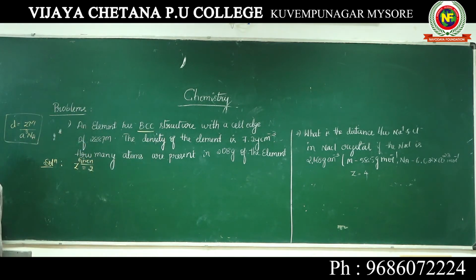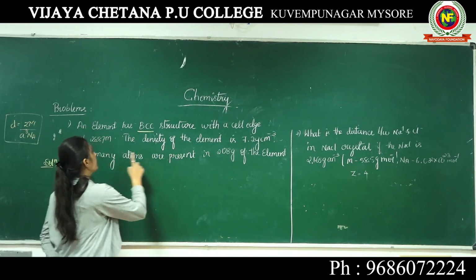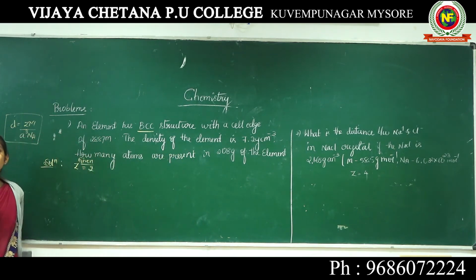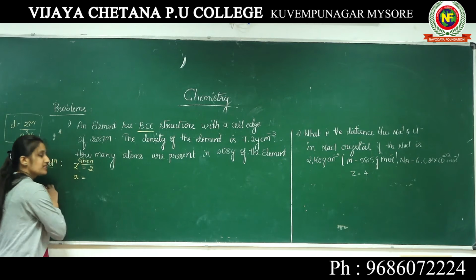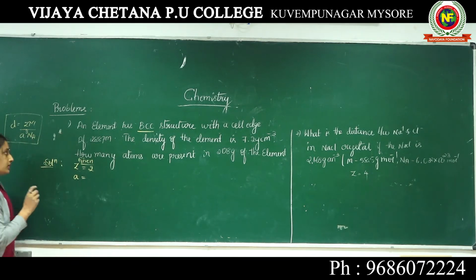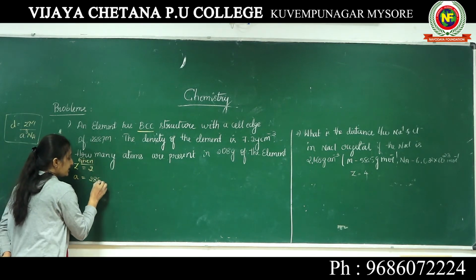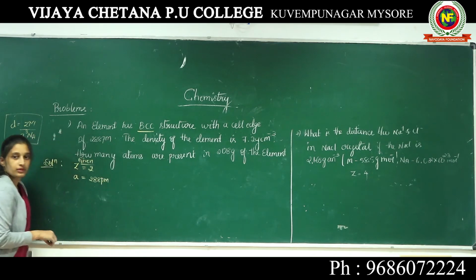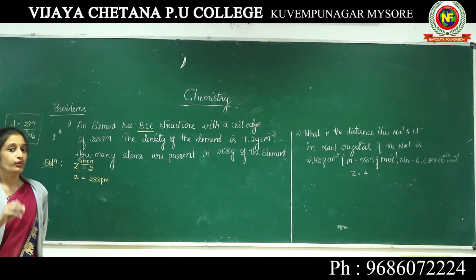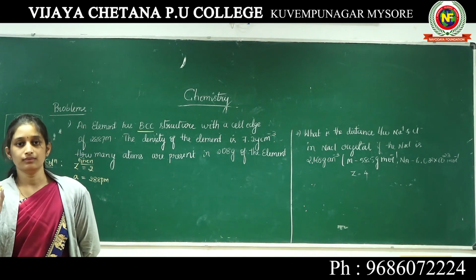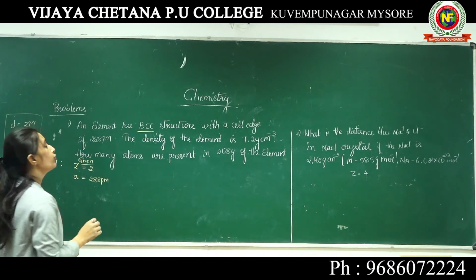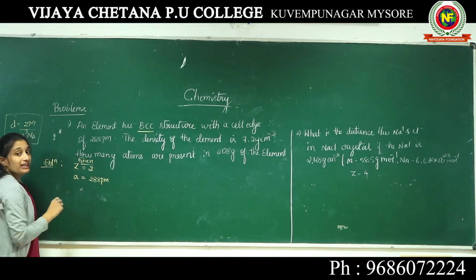That is one hint. With a cell edge, cell edge is nothing but edge length. What is the representation? Small letter a is equal to 288 picometer. We should convert everything to the simplest normal form. It's in picometer. Pico means what? 10 to the power minus 12.